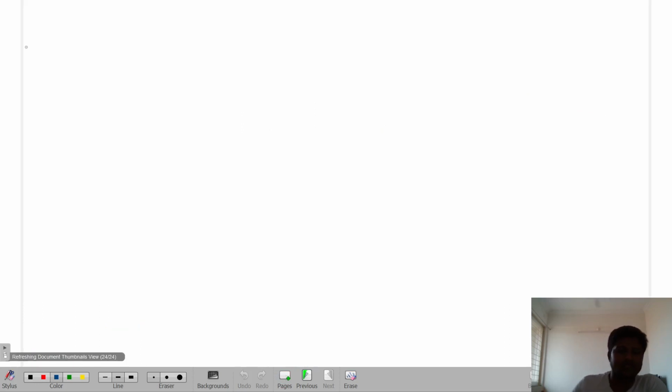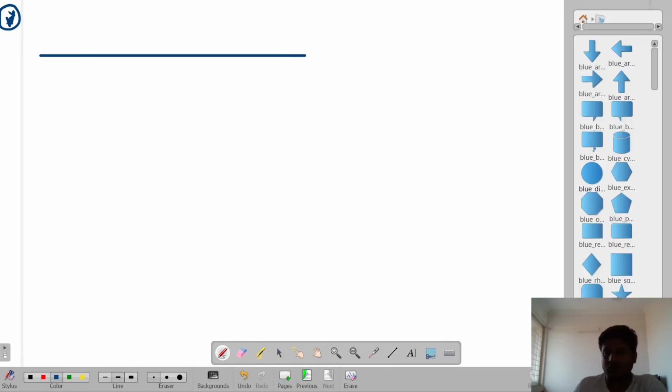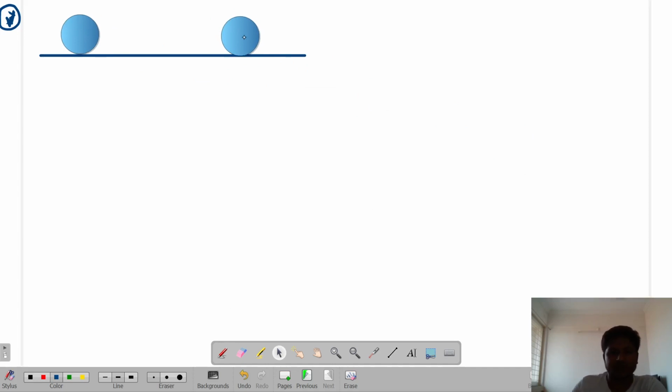Now, for these elastic collisions, there are many cases to understand. See, the first case is, let's suppose there are two balls which are going to collide, traveling on a smooth surface, and this is m1, this is m2.